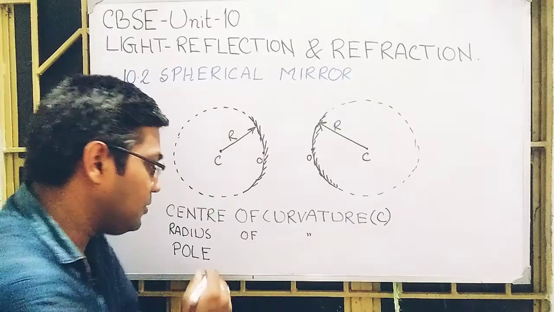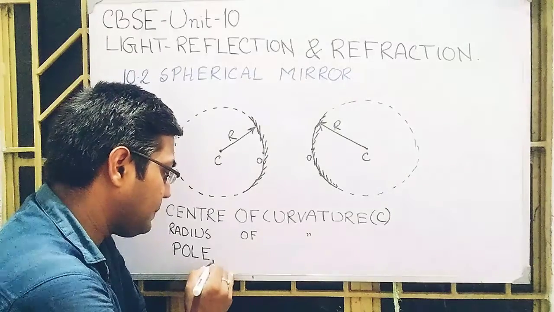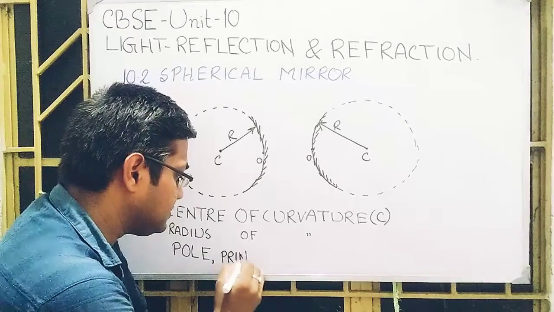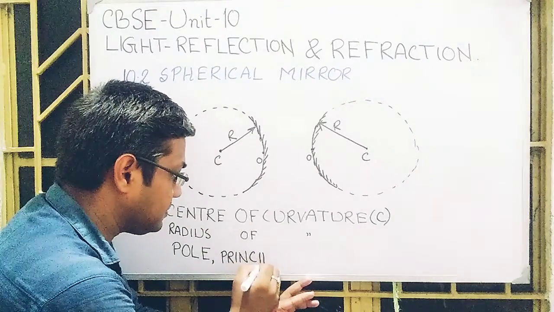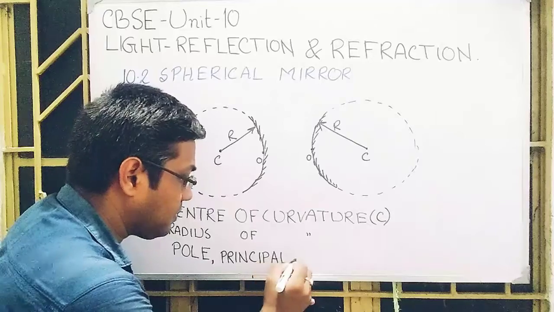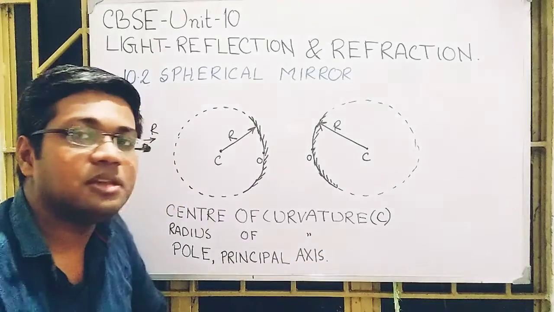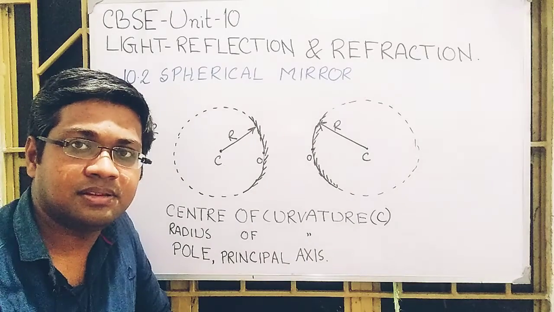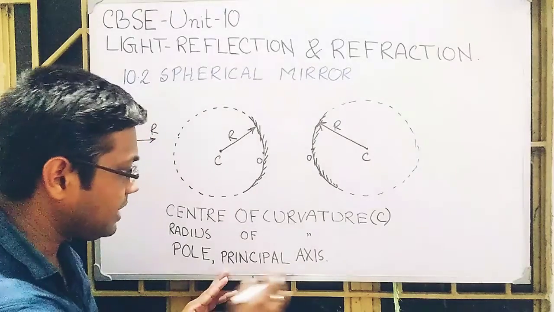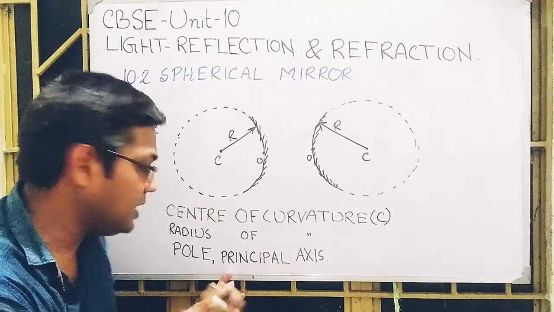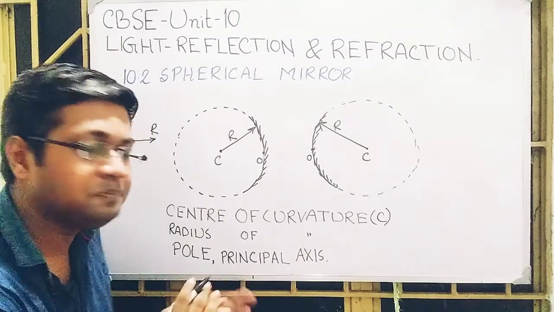Next thing that I am going to discuss is called the principal axis. Basically, this principal axis is nothing but a straight line.